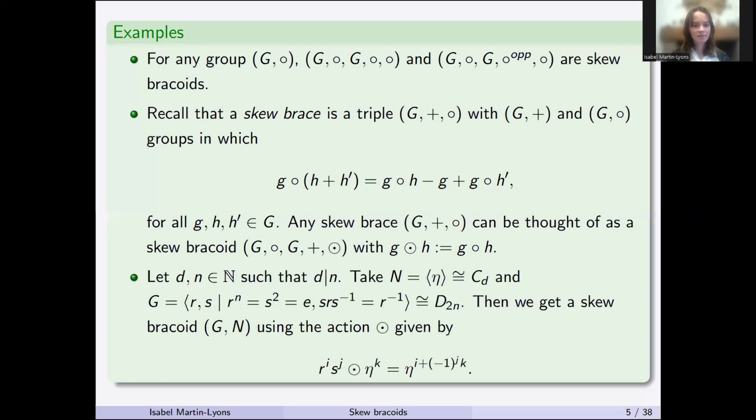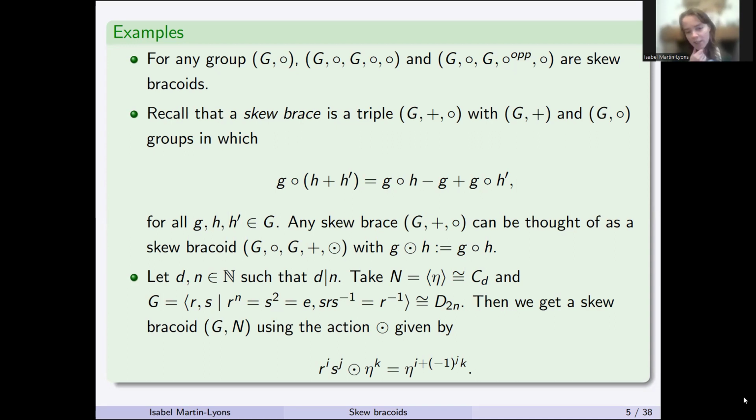Here is something a bit more concrete. If we have d and n natural numbers such that d divides n, we take N to be cyclic of order d and name its generator η, and G to be dihedral of cardinality 2n. We write r for the order n generator and s for the order 2 generator.